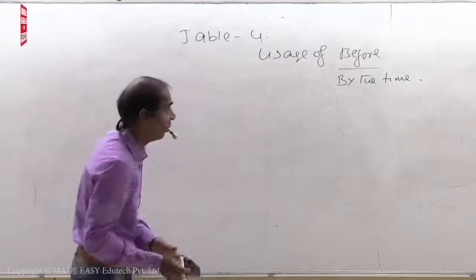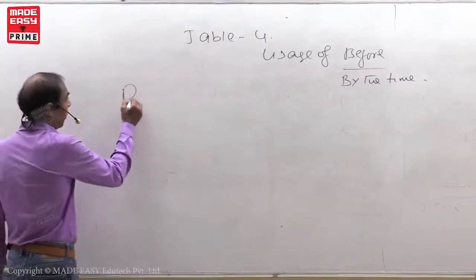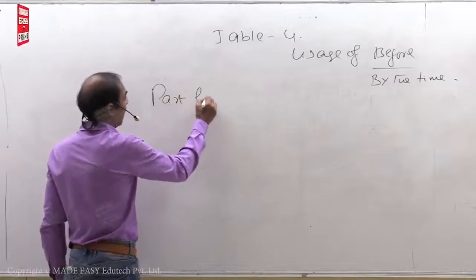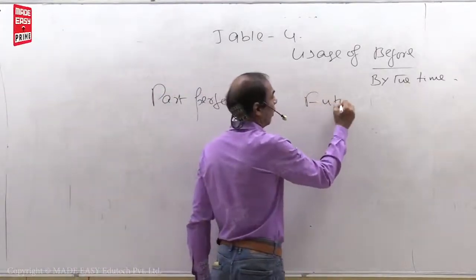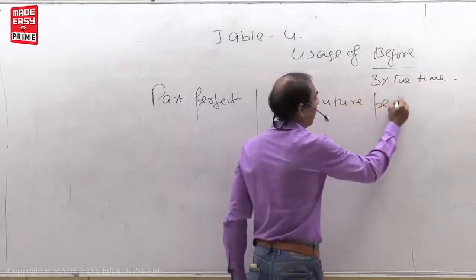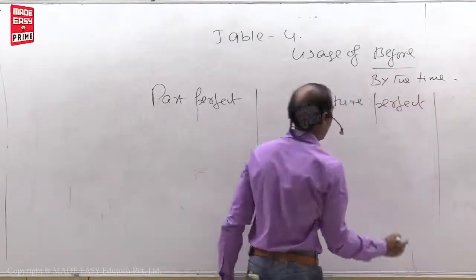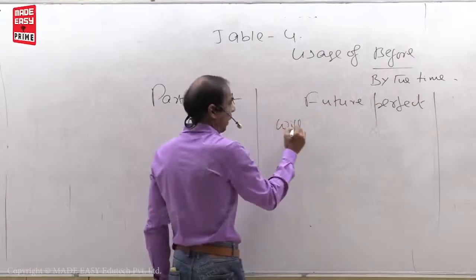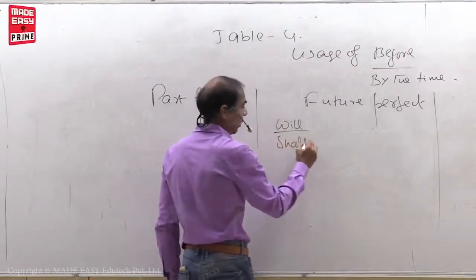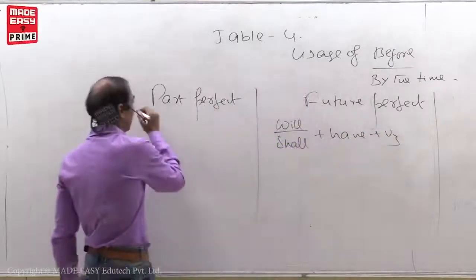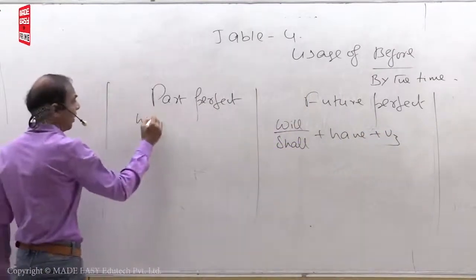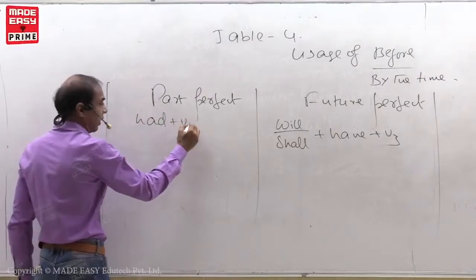See, I am explaining now. See, past perfect, future perfect. Will or shall plus have plus V3, and this is had plus V3.